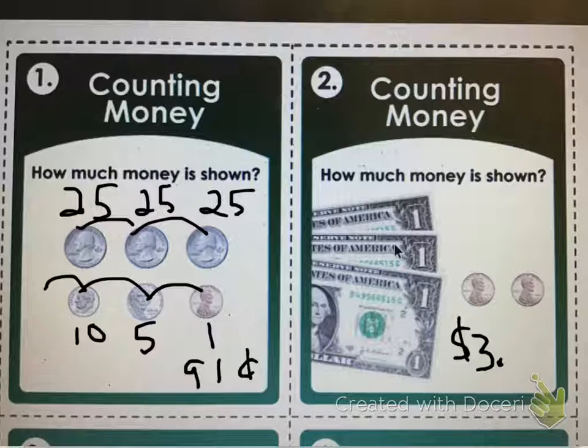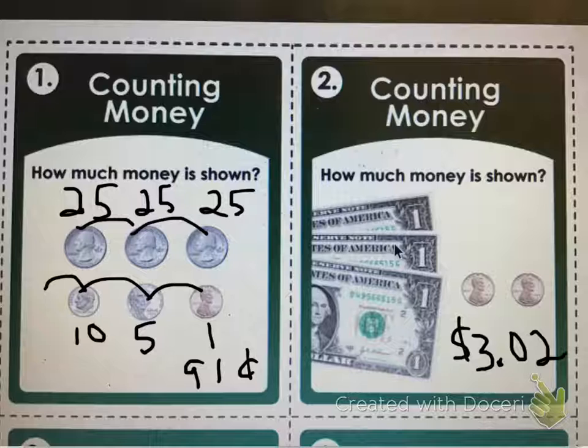Now, I don't have any dimes. So since I don't have any dimes, I'm going to put in a 0. That 0 is like a placeholder for the dimes place, really. And I don't have any. All I have is 2 pennies or 2 cents. So I'm going to put in my 2 where the pennies would go.